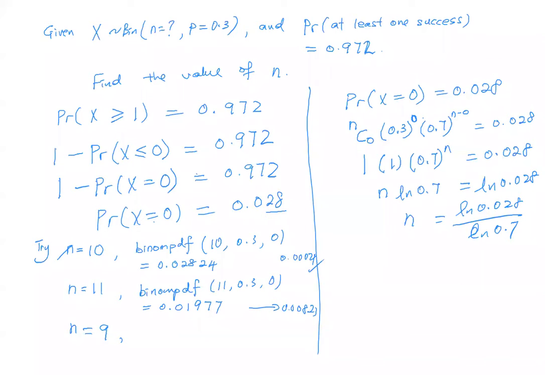Okay, so I get approximately 10.024. So n must be a whole number. Right? Number of trials must be a whole number. So therefore, n equal to 10. That's it. So if you do it this way, left-hand side way or right-hand side way is fine. But if they say algebraically, you must show me this way. Are you okay?